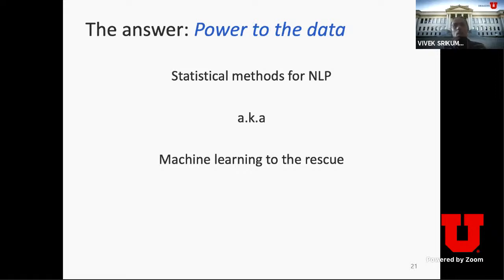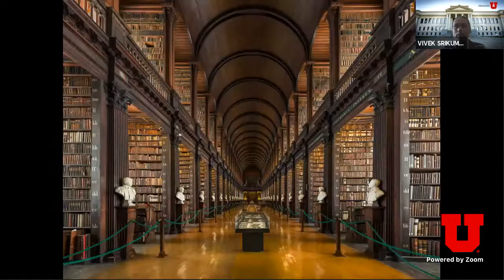The intuition was, why do I need to write down a bunch of rules when I can go to a library, take every single book that's ever written there, digitize it, and have a program that extracts statistics of language use from these books? And I can build NLP systems that essentially play back these same statistical decisions. So why would I ever have to write down the rules of language?